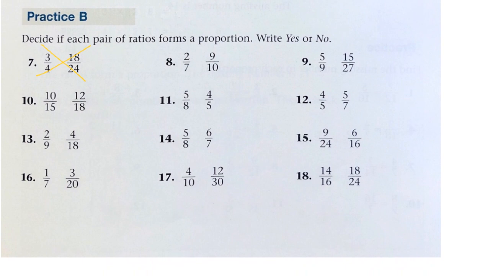So we've got 3 and 24 and 18 times 4. So will these give us the same answer? 72 and 72. Those equal. So yes.